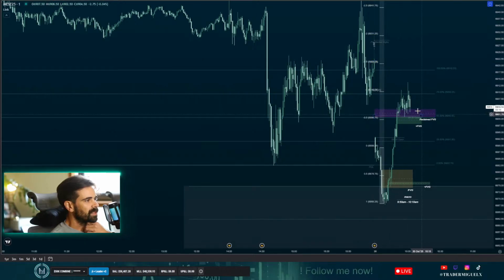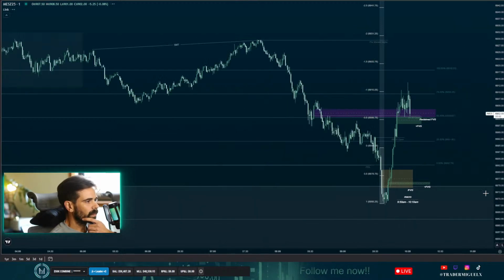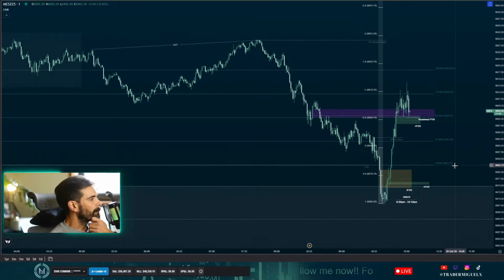But here it's kind of a tricky situation to be bullish as well, despite I kind of like how price is behaving here. But yeah. We need to see a little bit more from price.